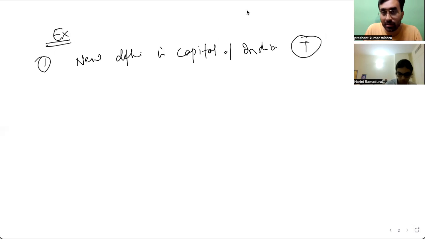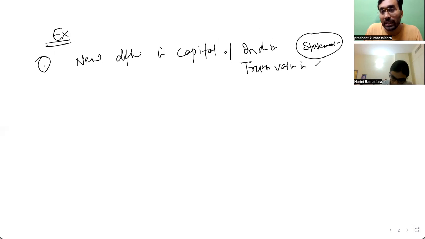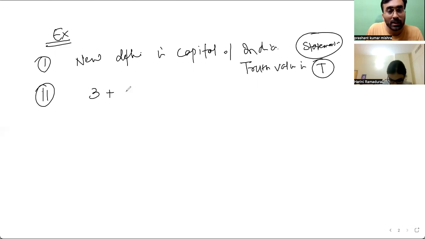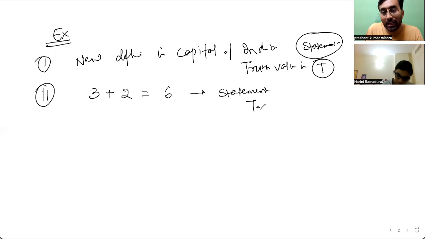It's a statement, and its truth value is T. Now, second example, if I say 3 plus 2 equals 6, it's a statement, but the truth value is F. A statement doesn't need to be in words, it can be anything.